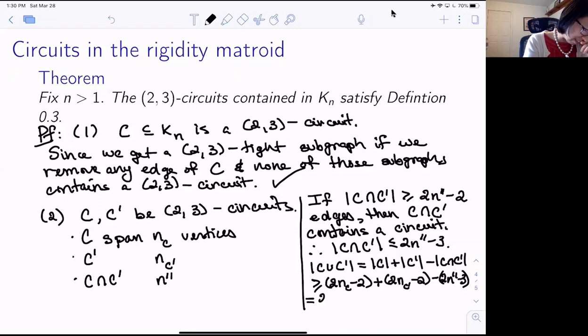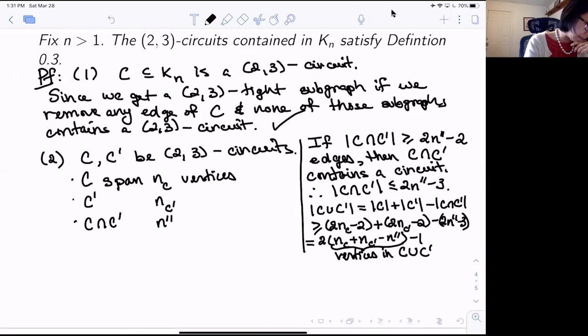What I have is 2 times nC plus nC prime minus the number of vertices in the intersection of the two graphs. Now if I look carefully, I have 2 negative 2's, which is a negative 4, plus 3, which is negative 1. So this here is the number of vertices in C union C prime using the principle of inclusion and exclusion.